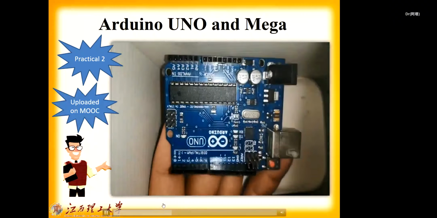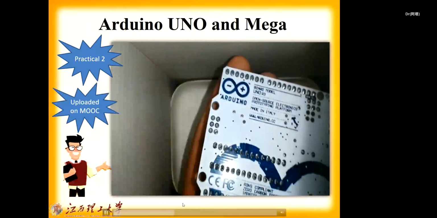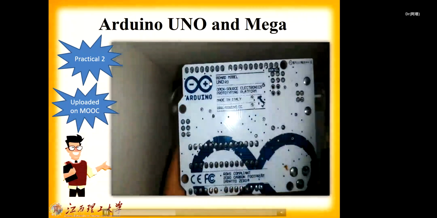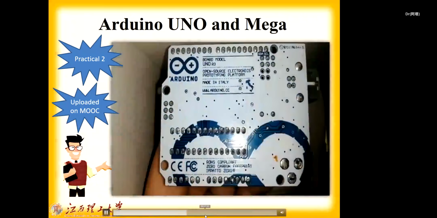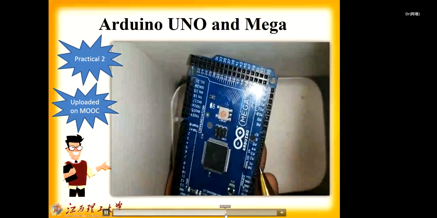Then from the backside, if you want to see the backside of our Mega board, you will see that again all the pins are out, and you should avoid using these boards on some metal or conductive place like this.